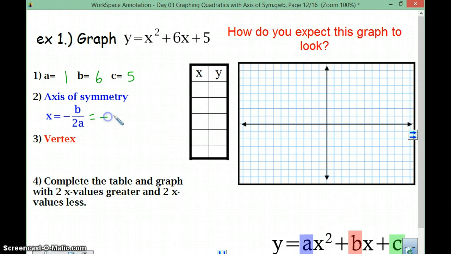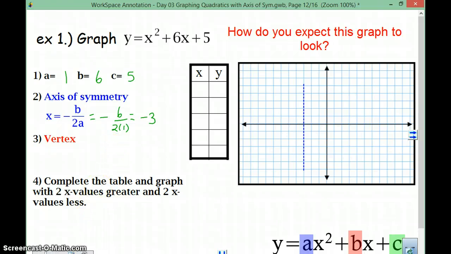It's negative B over 2 times 1. What does that equal? That's negative 6 over 2. That's negative 3. Okay, let's plot axis of symmetry. Negative 3 is right here.